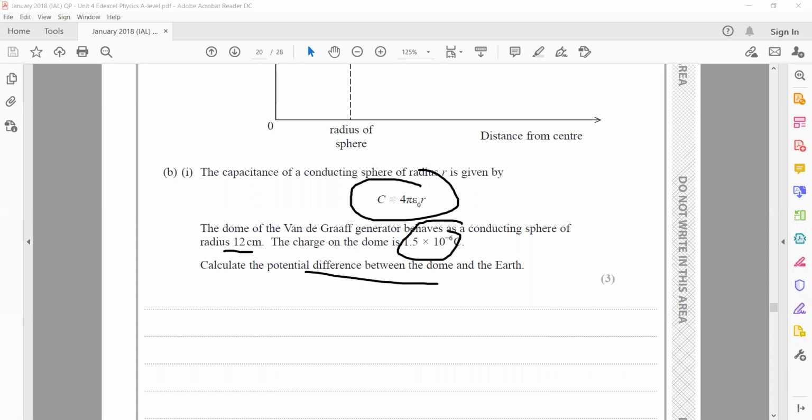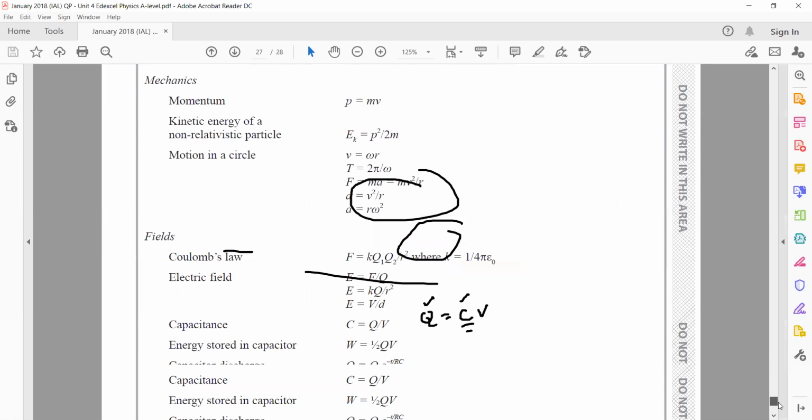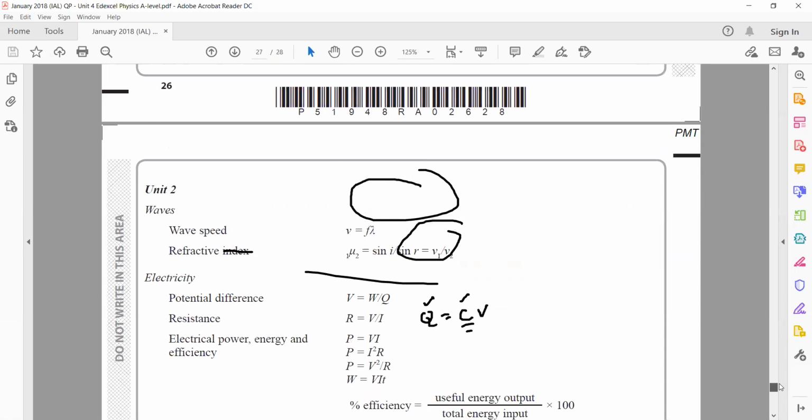So using the formula Q equals CV, the charge is given, but how do we find the capacitance? The formula for the capacitance is 4 pi epsilon r. The value of epsilon, what value will you take? You can check the constants at the last.